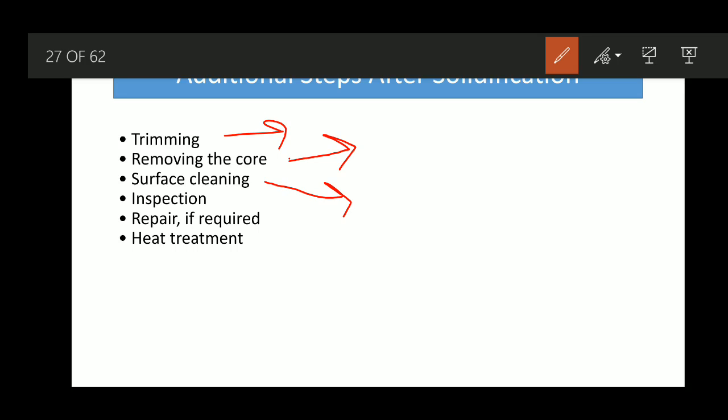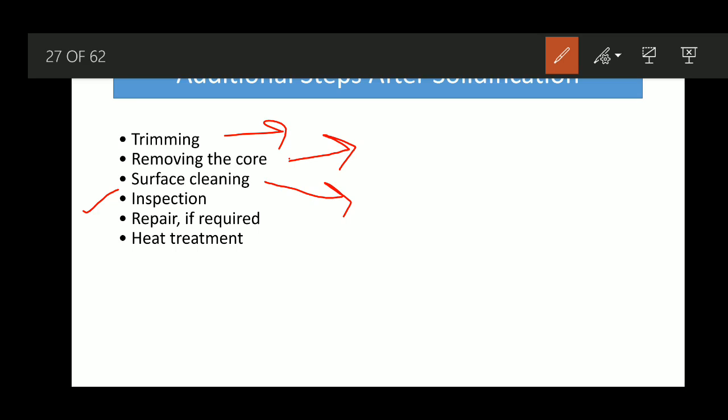Sometimes some scaling is there, sometimes some oxidation, so those marks we have to clean from the surfaces. In the case of sand casting, maybe some sand may be there on the surfaces, so we do that cleaning. Next, definitely one of the most important tasks is inspection, which is a kind of quality checking.